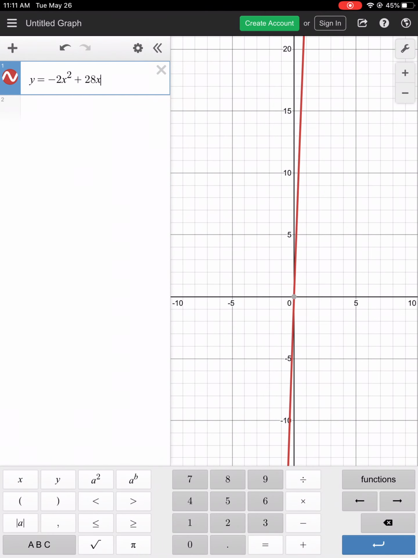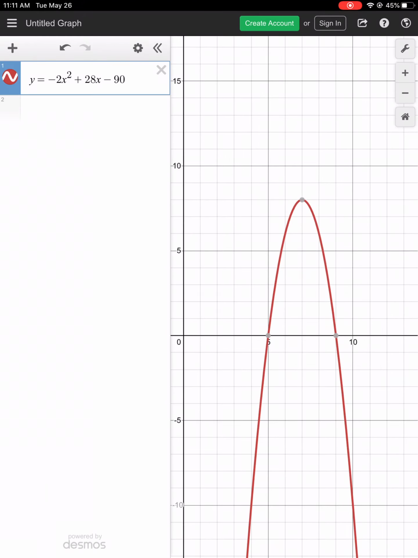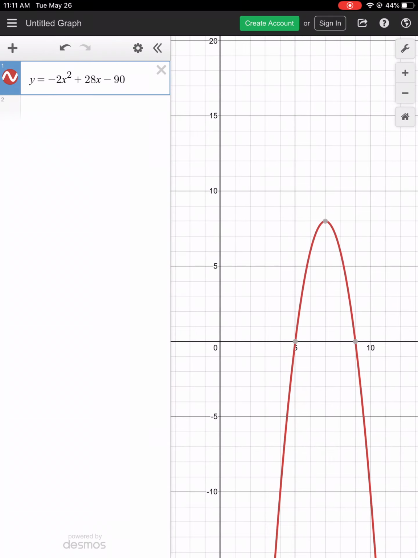So X minus 90. If you take a look, here's our parabola upside down, which is right because it's negative. Here's our vertex, which is 7, 8, which is what we determined. Our y-axis is our height, our x-axis is our time, and our two intercepts are 5 and 9.